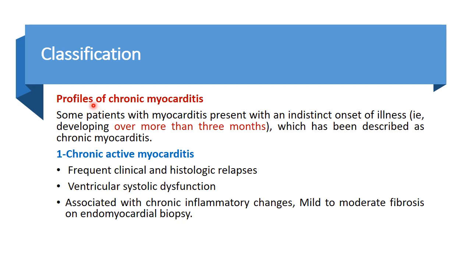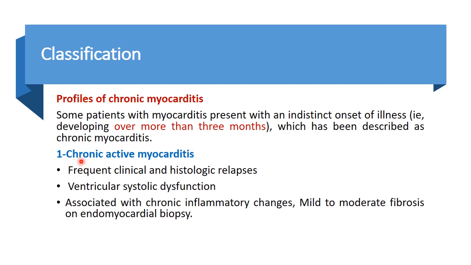Let's move to chronic myocarditis. Some patients with myocarditis present with insidious onset of illness developing over more than 3 months, which has been described as chronic myocarditis. Chronic myocarditis is subclassified into chronic active and chronic persistent myocarditis.